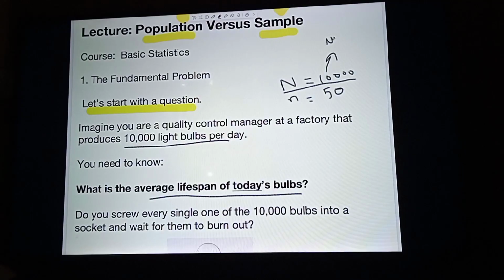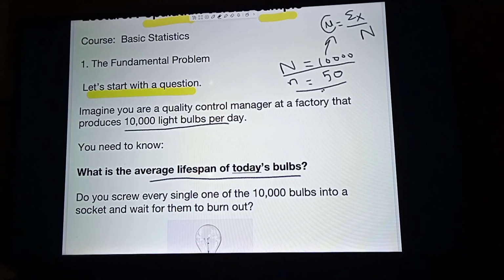Mu is equal to summation x divided by capital N. So this mu is the parameter, and a numerical value calculated from this small size, that is the sample, is denoted with x bar, and its formula is summation x divided by small n.